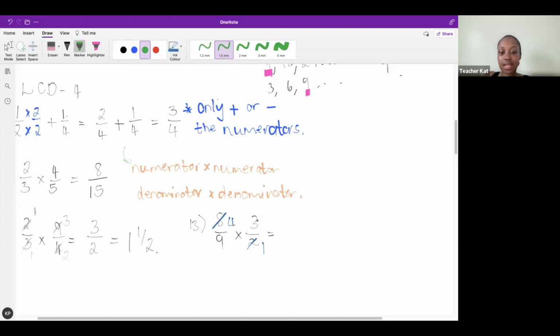3 and 9, once again, 3 goes into itself once, and into 9, 3 times. Okay, let's multiply. 4 times 1 at the top. 4 over 3 times 1, 3, and as a mixed fraction, it's 1 and, be careful, it's 1 and what?